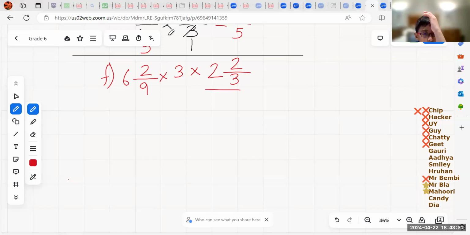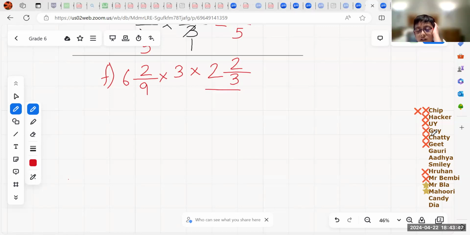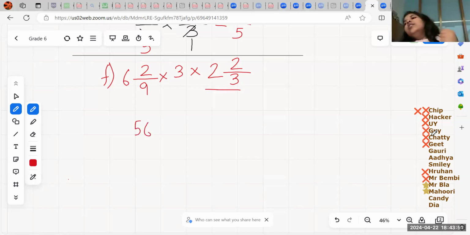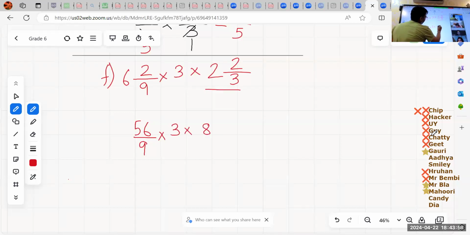Oh, I realized my mistake. Same, I also realized my mistake now. So, Mr. Bambi, you also did reciprocal. Guys, ये multiplication है. Sir, I did 6 plus 2, 7, but 6 plus 2 is 8. So 56 upon 9 times 3 times 8/3.